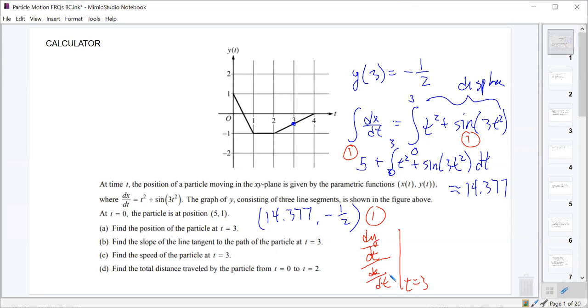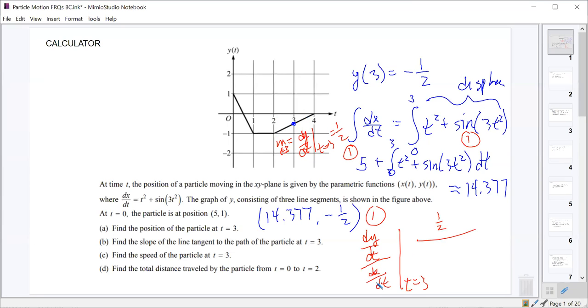And so the dy dt value is just the slope of y, right? So slope at 3 equals dy dt at 3, which should be 1/2. That's the slope of rise 1, run 2, so slope of 1/2.